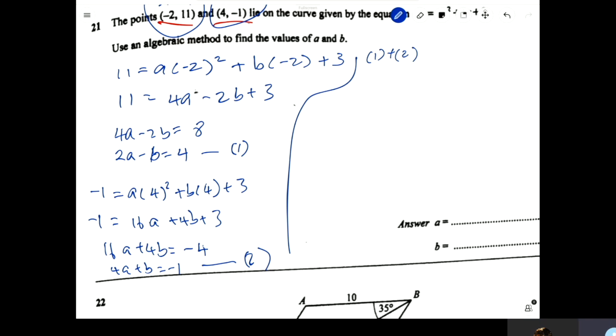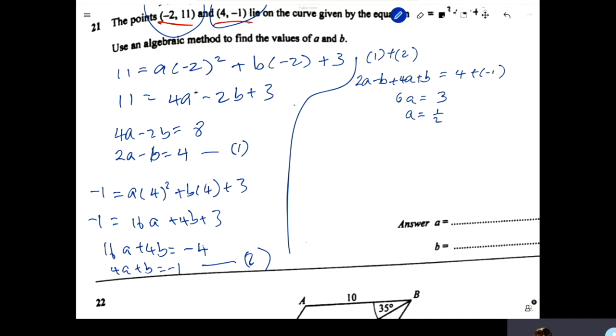We will have 2a minus b plus 4a plus b, equals 4 plus -1. And we continue. The b is gone, so we're left with 6a equals 3. a equals half. Okay, so far is it okay?